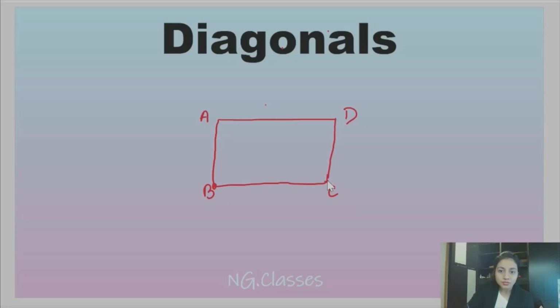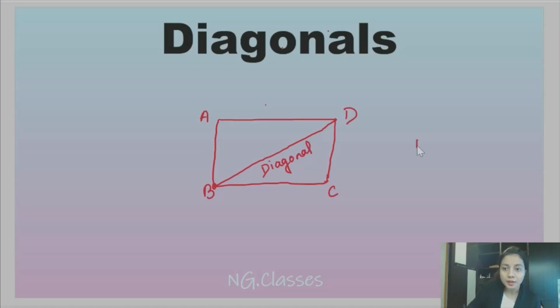What are the consecutive vertices for C? It's D and B. So what is a diagonal? A diagonal is a line segment connecting two non-consecutive vertices. So B and D are non-consecutive. If I join them, this will be a diagonal.